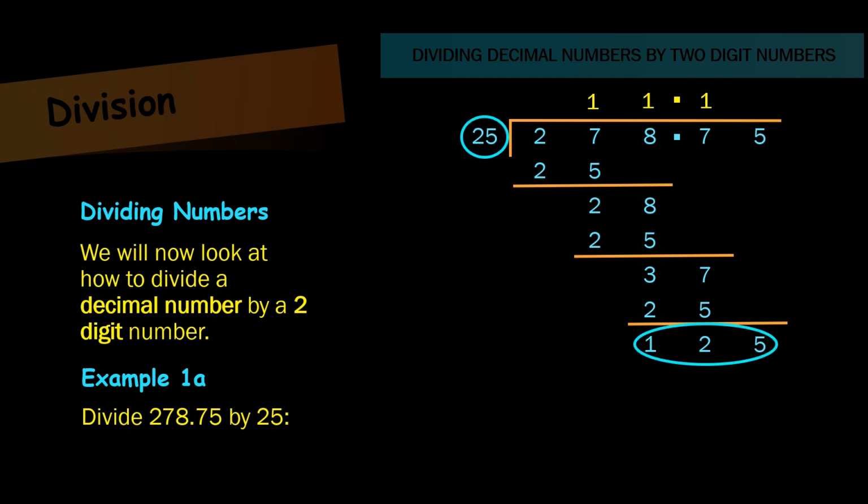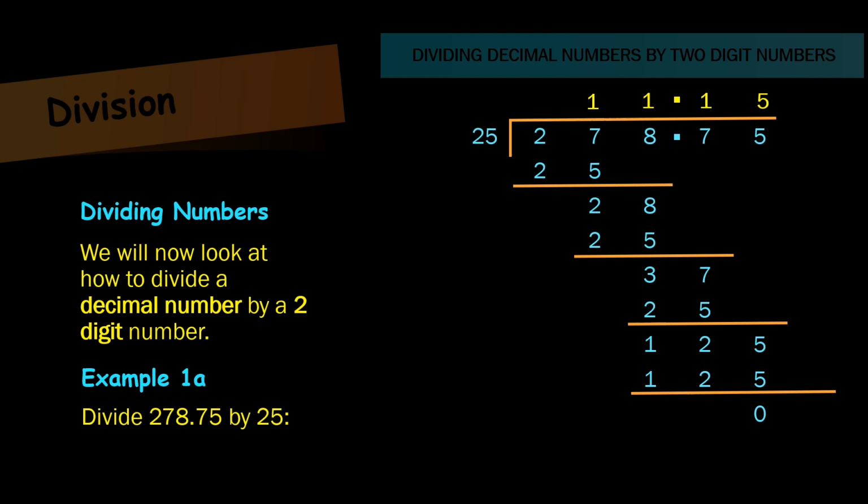And now, how many 25s are there in 125? There are 5 25s in 125, so we position the 5 here. Multiply 5 by 25 to give 125 and position it here, and then subtract, as shown, to give 0.